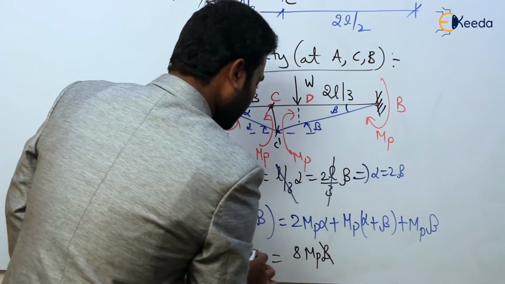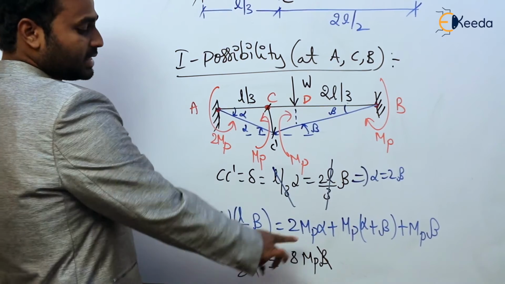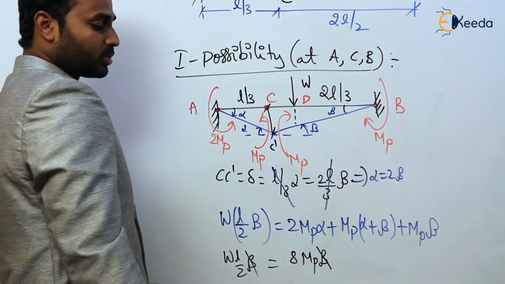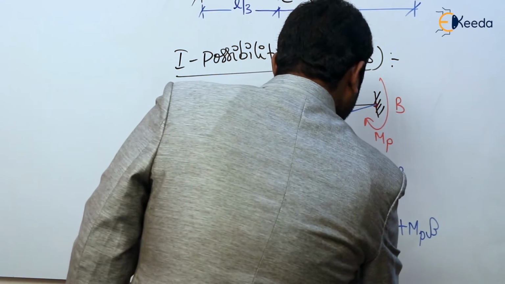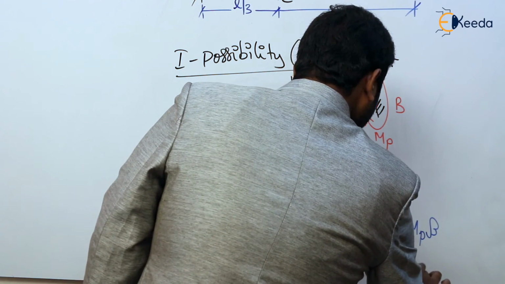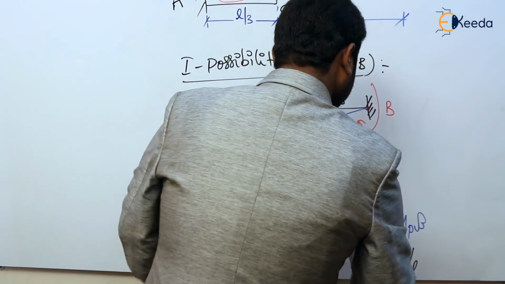Now beta will get cancelled. We are going to get the collapse load as 16 mp by L. That is the collapse load in this possibility.